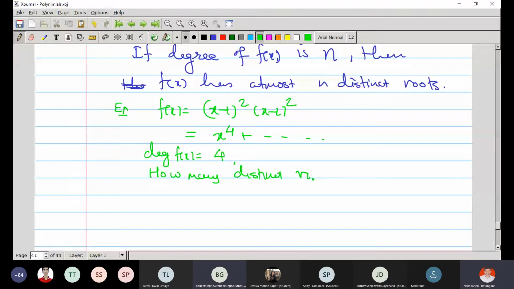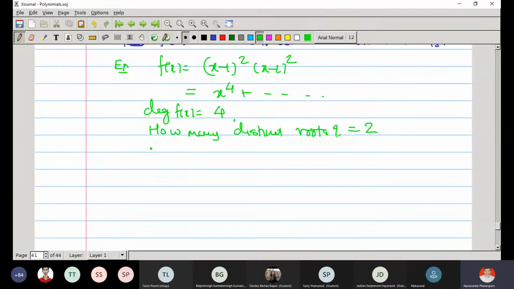And how many total roots? 4. So roots 1 and 2 are repeated. In that sense, how many distinct roots are possible?